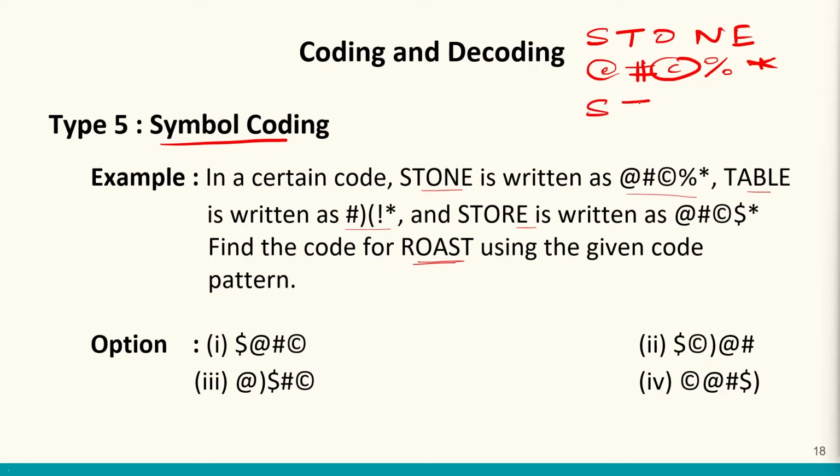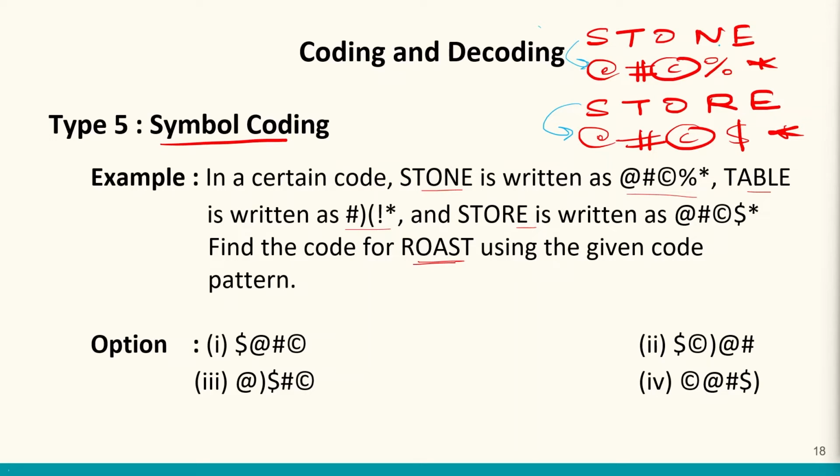Similarly, store is coded as... so I can see the words that are common. So here let us understand by understanding the common letters. I can see here S is coded as @, T is coded as this sign, O is coded as this sign, and E is coded as this sign.